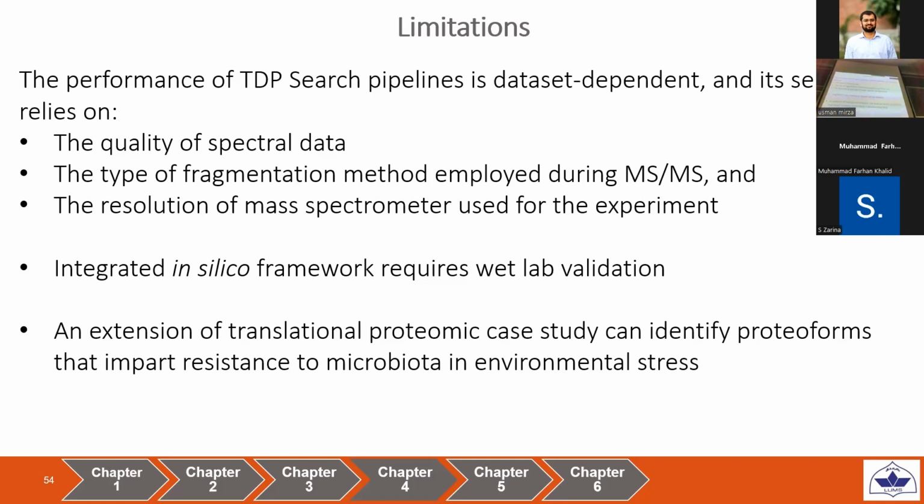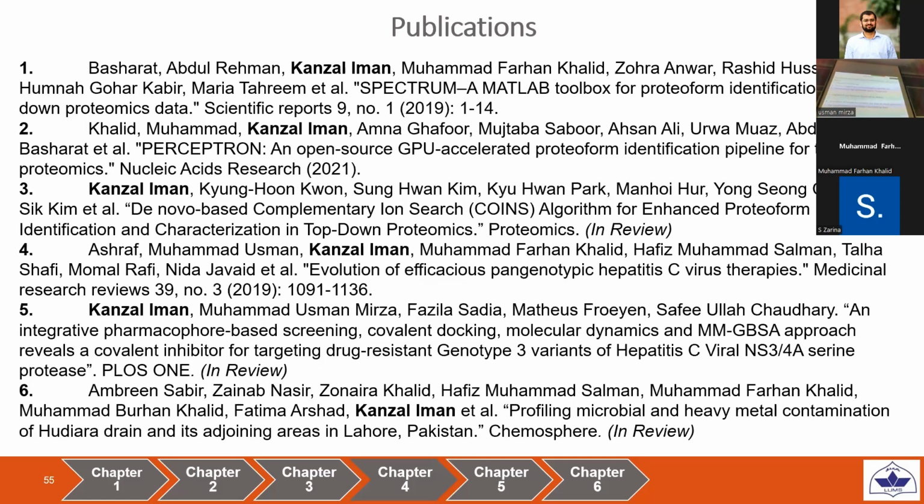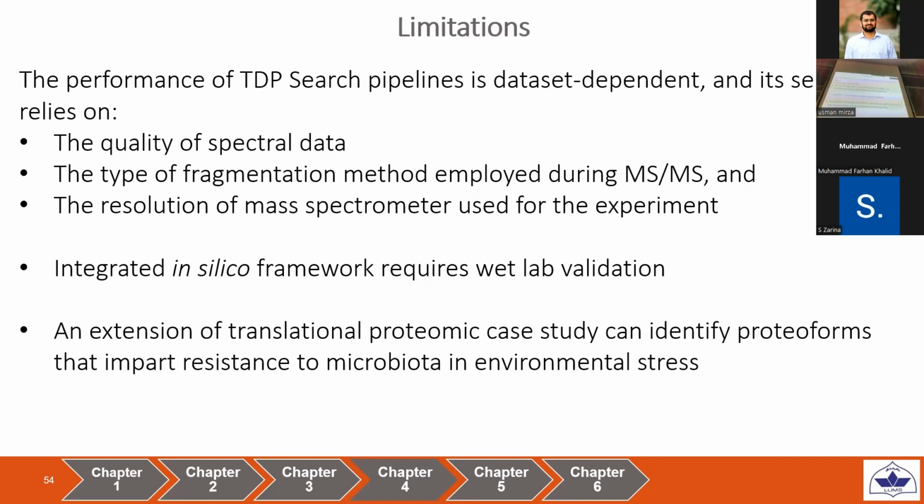So we allow for 1% FDR. That means in every 100 results, we allow for one result to be a false positive. So that's very stringent. Does that answer the question?